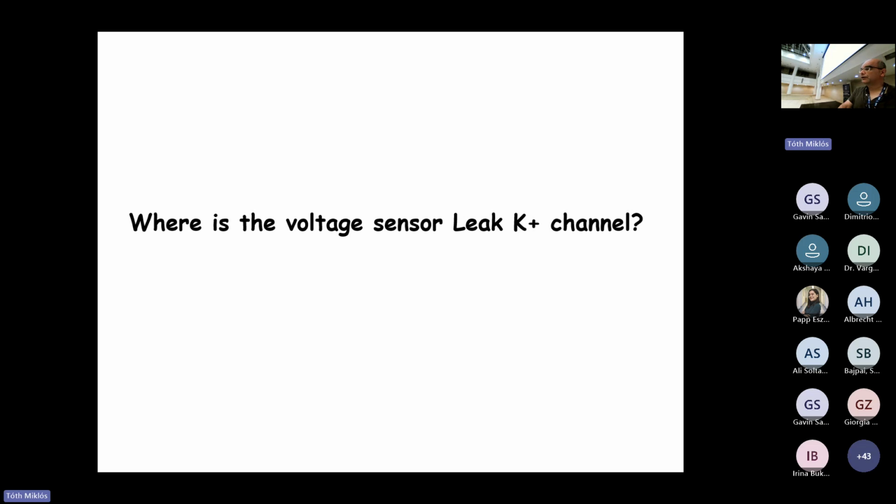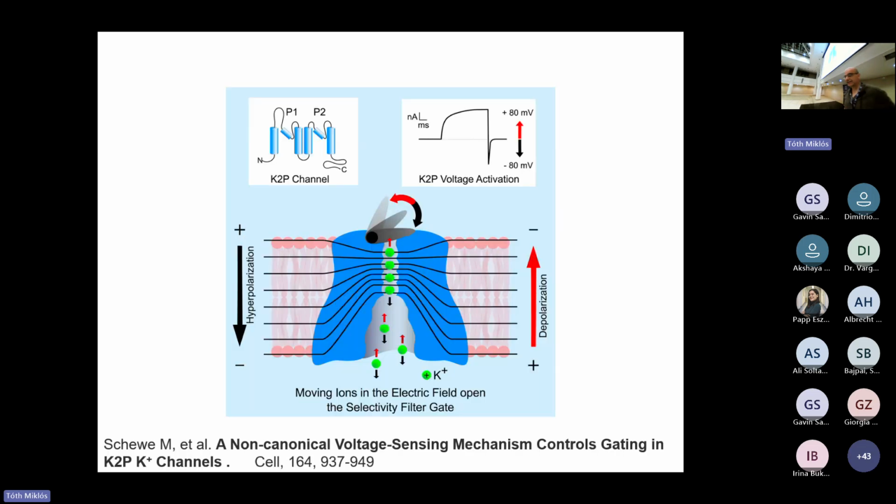So where is the real voltage sensor of this channel? As I said at the beginning, part of the background of this work came from the lab of Stephen Tucker, Oxford University. He published this paper, and he thinks that there is a very tiny voltage sensor inside the channels.